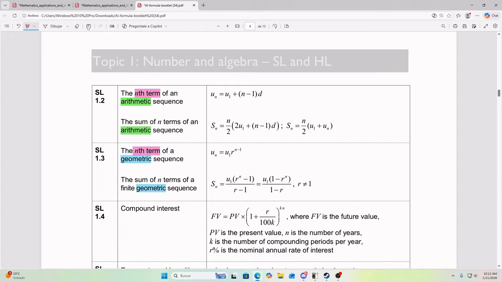So whichever term you're trying to find, whether it's the first, second, third, or fourth, you can use this nth term approach. And the second is the formula for the sum of n terms. So you have one equation for identifying any term, and another equation for the sum of n terms.